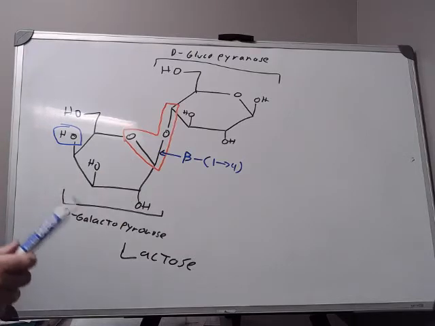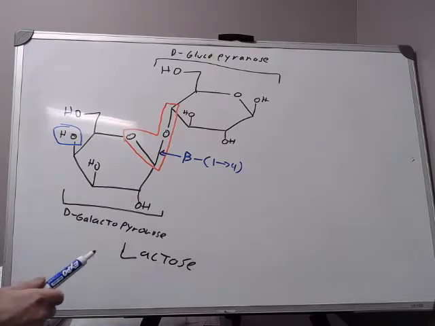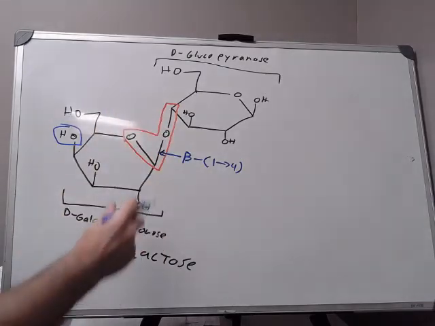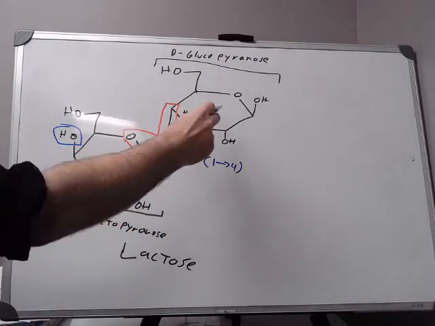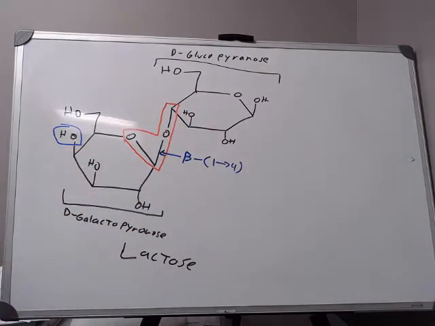And infants in particular are very good at digesting lactose because they produce large amounts of the enzyme lactase, which cuts these two sugars in half, so then the glucose and the galactose can be digested separately. But of course, as we age, we tend to lose the ability to produce lactase, and many people become lactose intolerant.